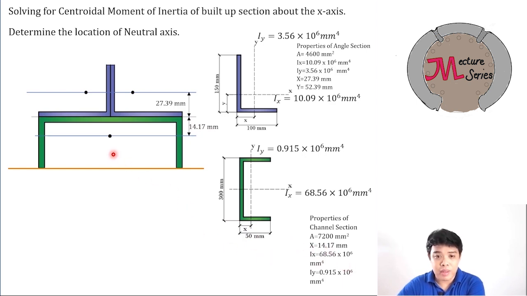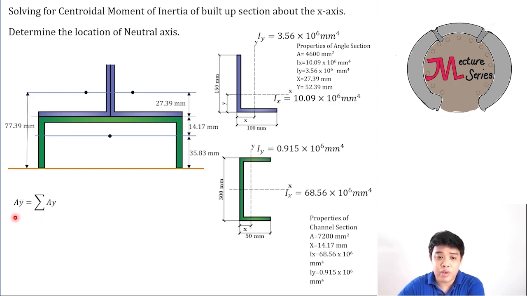If you're going to determine the distance of each centroid from your assumed initial reference line, for the channel section that will be 35.83 because the width of the flange is 50. So 50 minus 14.17, we have 35.83 millimeter. For the angle, since the width of the flange is 50 mm, you just add 27.39, giving us 77.39 millimeter.